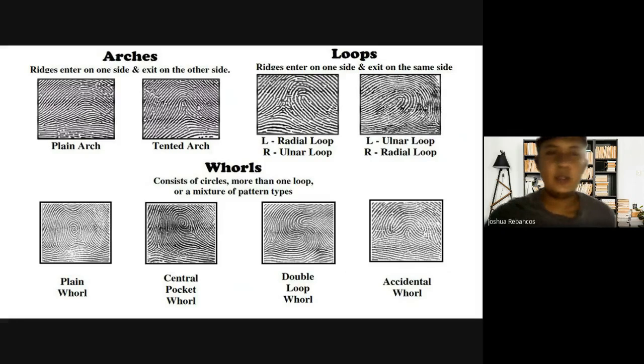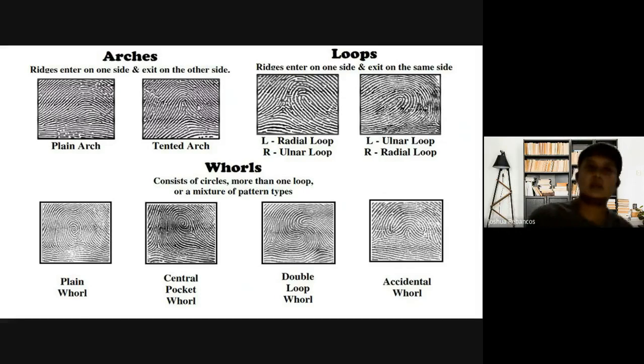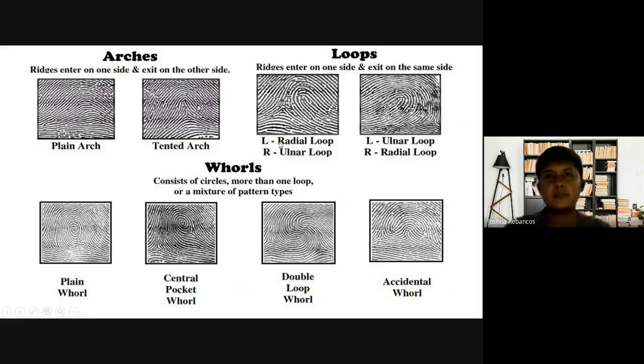Dito tayo. So, ito yung tinatawag nating arches, loops, whorls. Kung papansinin niyo yung kamay nyo, pag nagpara siyang slope or hill na gano'n, ang tawag natin dyan is plain arch. Ganun lang, plain arch. Pero yung tented arch naman, medyo nagpataas siya, parang tent. Ang pinagkaiba naman sa loop is you just enter on one side and exit on the same side.